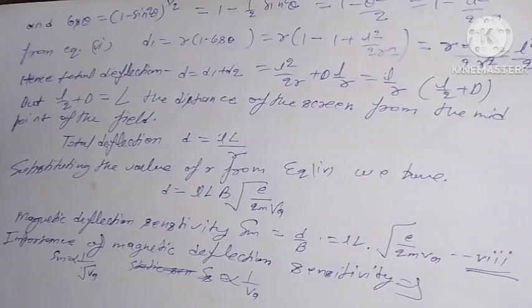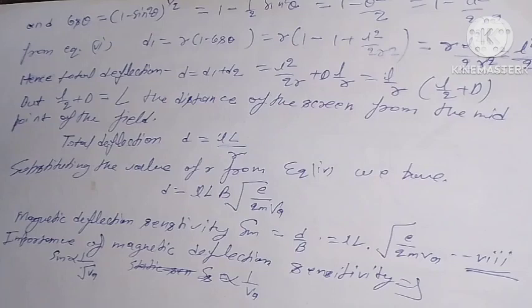Therefore, the electric deflection sensitivity decreases more rapidly with increase in anode voltage than magnetic deflection sensitivity, as the loss of magnetic sensitivity is smaller as VA is increased.